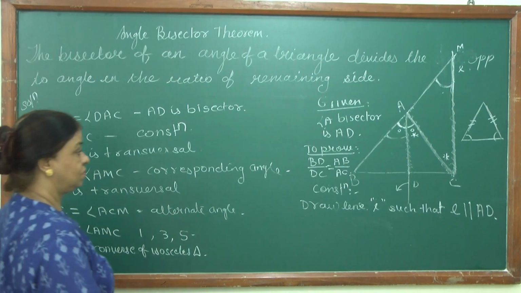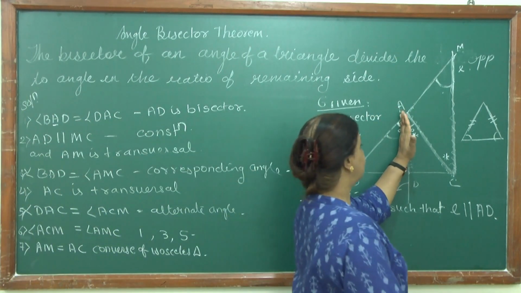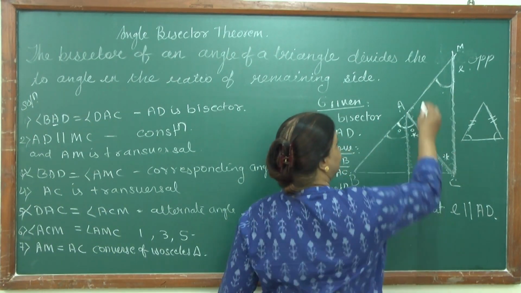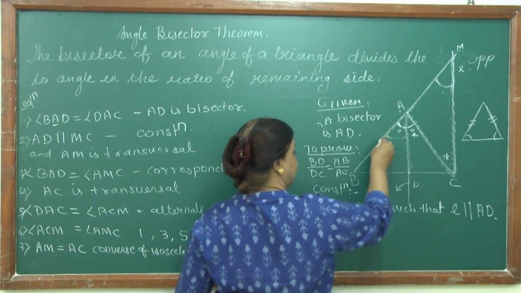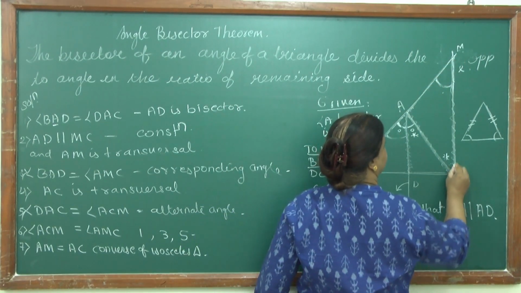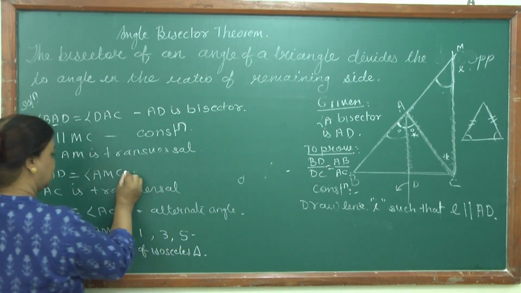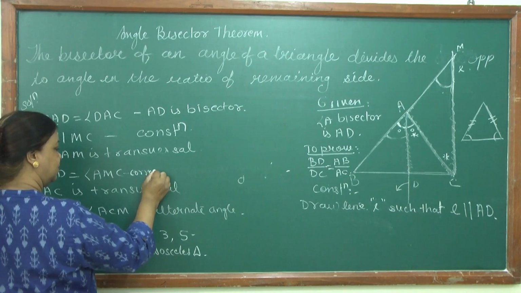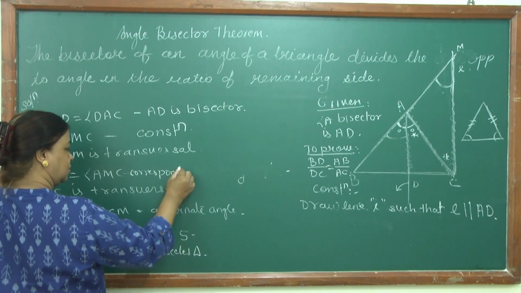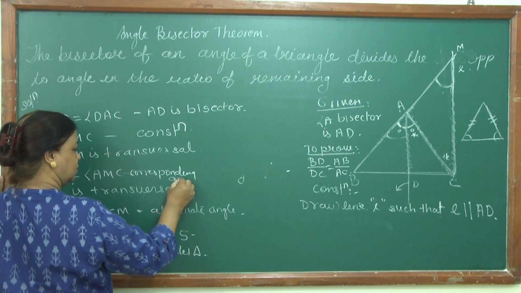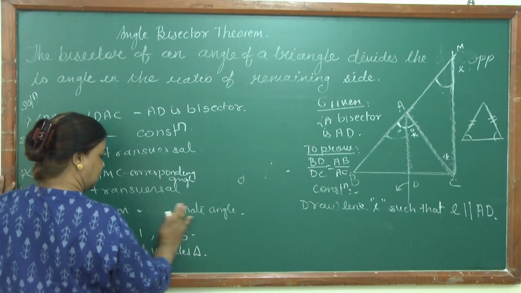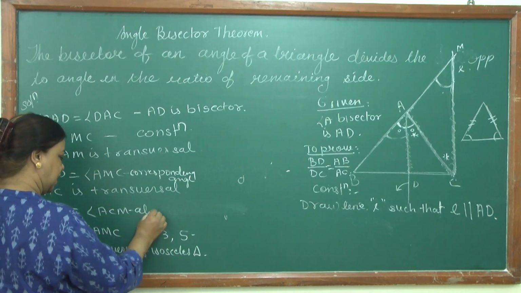Now children, this side is parallel to this side, and when I am talking about this big triangle, now what will I write? Let me write this here, corresponding angle. And here let me write alternate angle.